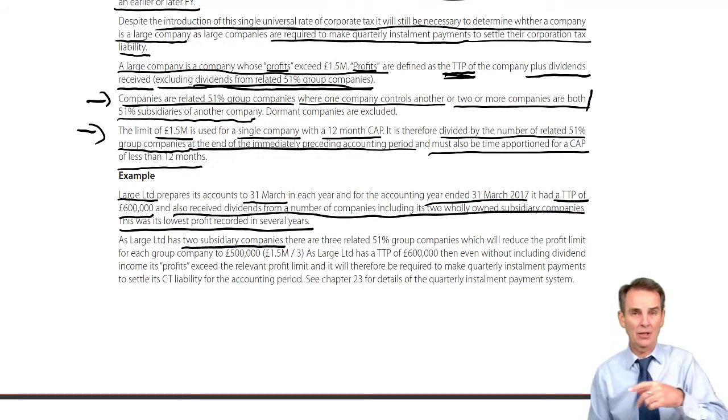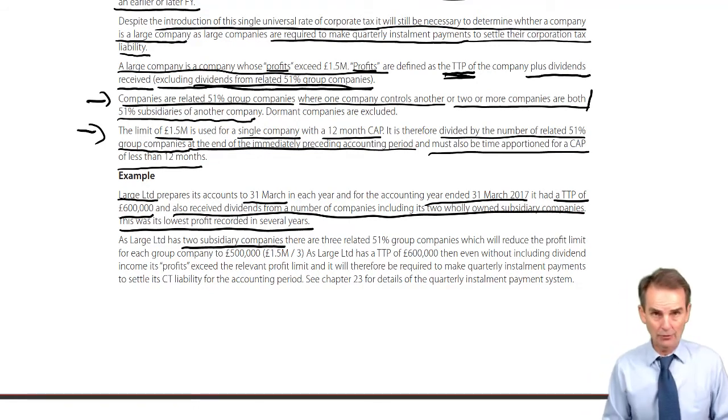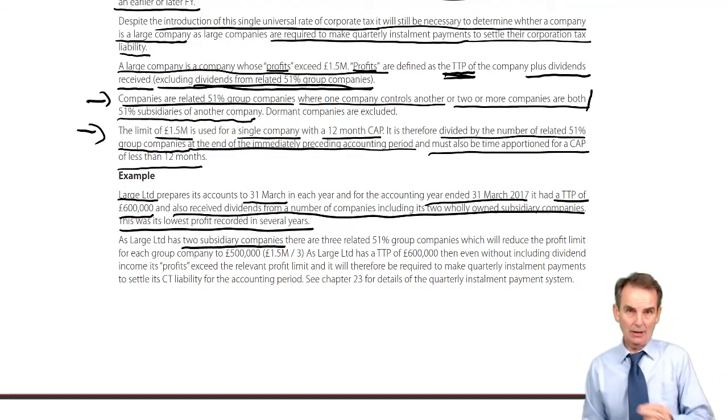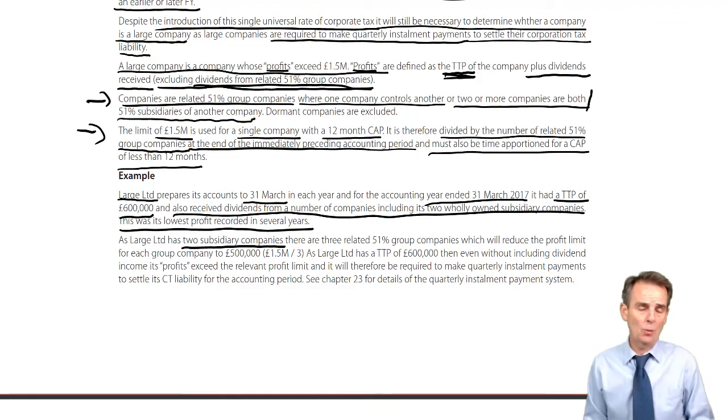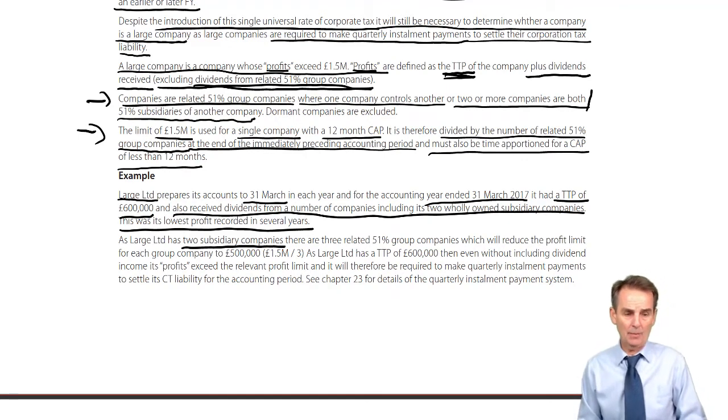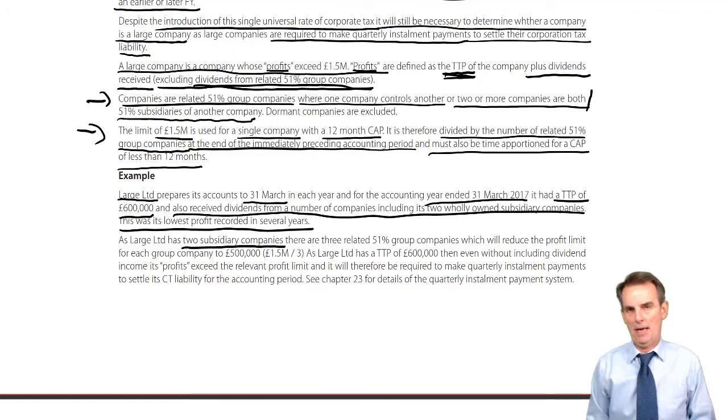There's the parent company. So overall, there are in the group three related 51% group companies. So what do we do? We divide the 1.5 million by the number of such companies, 3, and that will revise down the profit limit for each of those companies. It's split equally between each of those companies to £500,000.